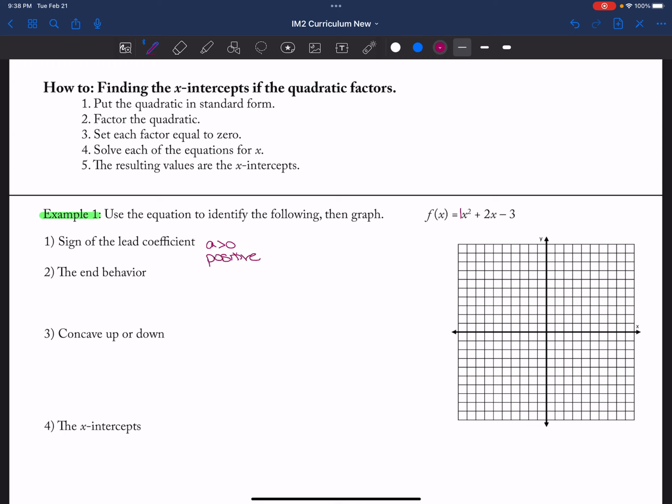So for the end behavior, as x approaches infinity, f of x approaches infinity, larger and larger values. As x approaches negative infinity, then f of x approaches positive infinity. Because a is positive, it is concave up.